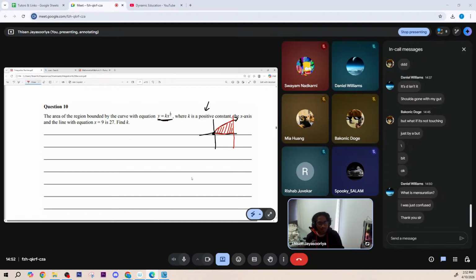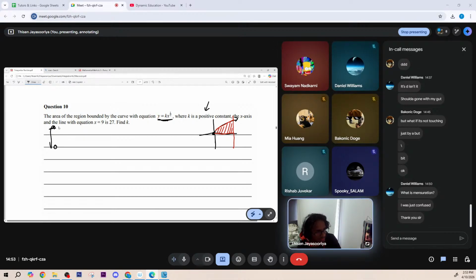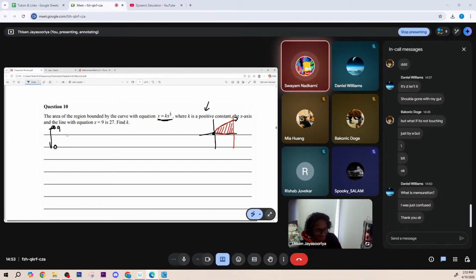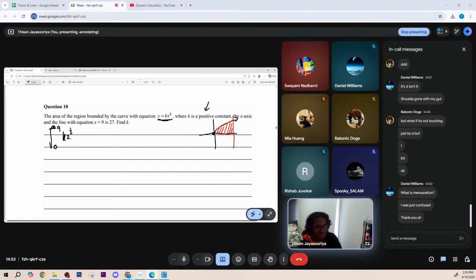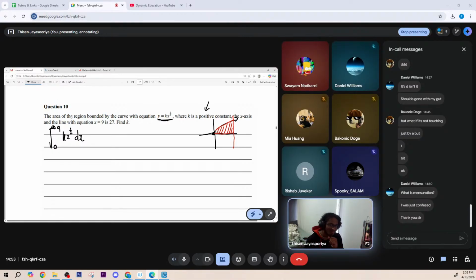So, Swayam, what formula can I use to find the value of k? Can you just do the integral from 9 to 0? So the integral from 0 to 9, yeah? Yeah, sorry, 9. And then just kx squared. Kx to the half, remember? Oh yeah, sorry, my bad. dx, and then what can we do?